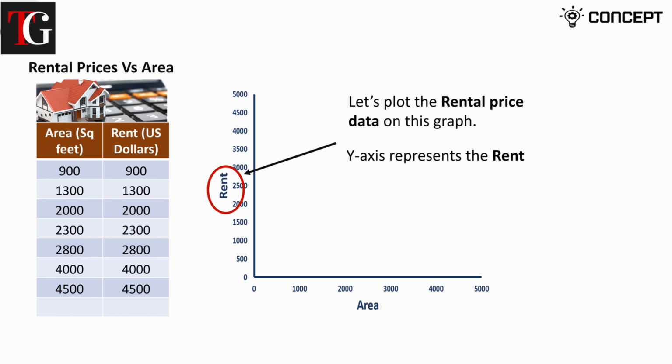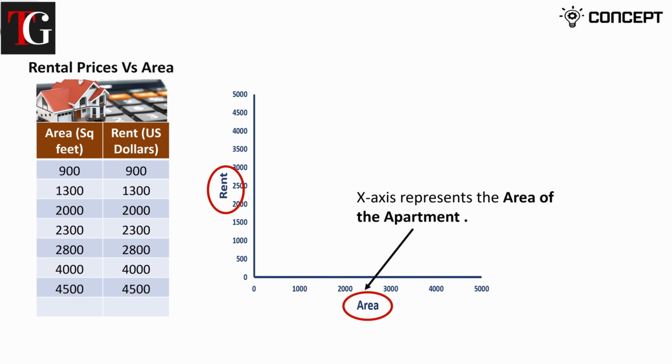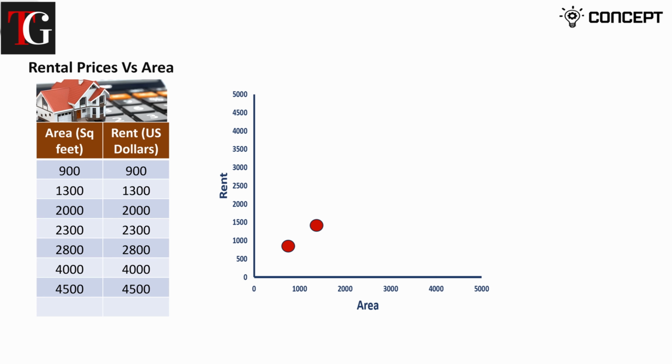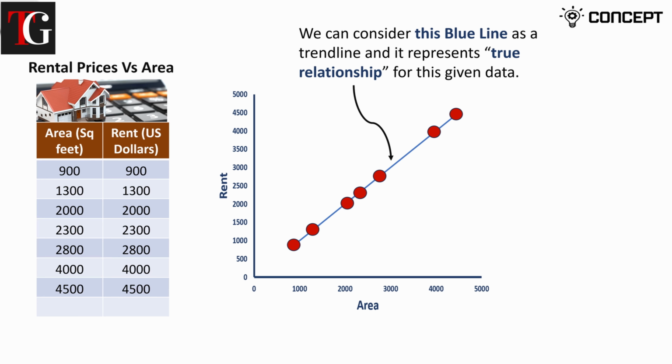Let's plot the rental prices data on this graph. Y-axis represents the rent and x-axis represents the area of the apartments. So let's plot this data on the graph, and we see that it is linearly correlated. We can consider this blue line as the trend line, and it represents the true relationship for this given data.